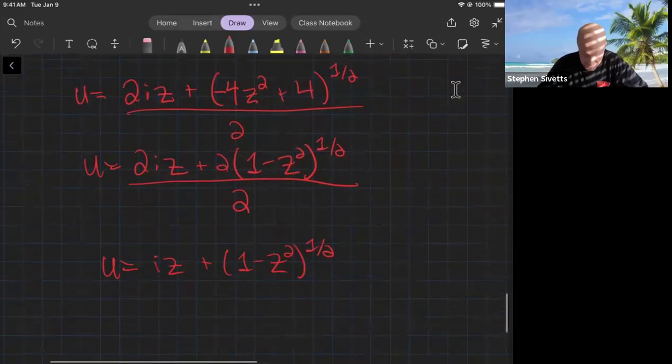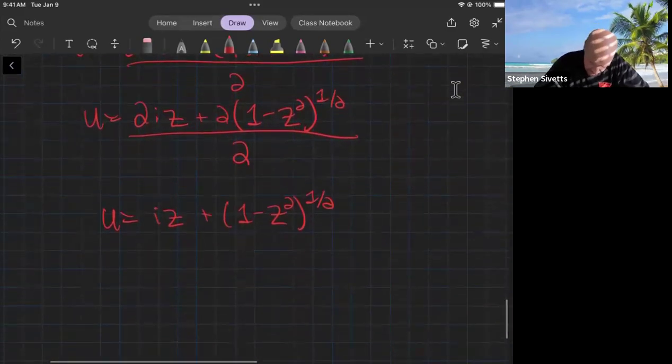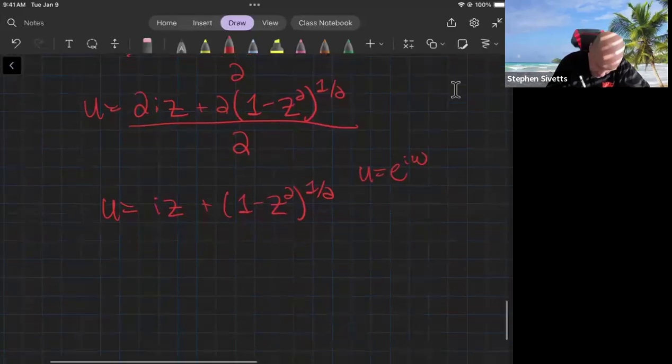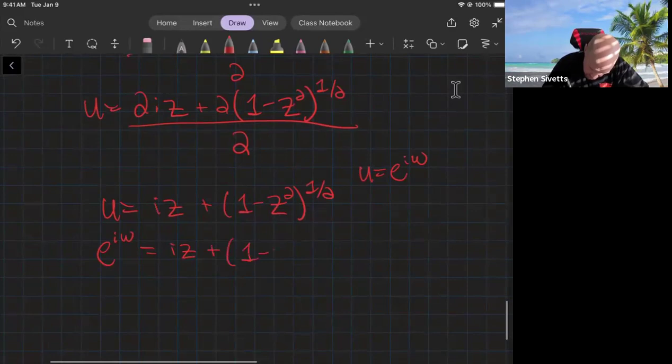And that's it. We need to take note that u is equal to e to the iw. So e to the iw is equal to i times z plus 1 minus z squared to the 1/2 power.